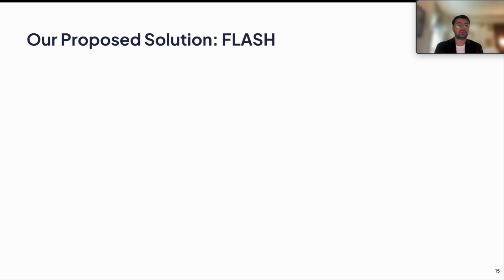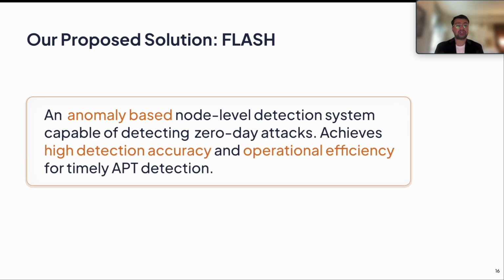Our proposed solution to deal with these challenges is called Flash. Flash is an anomaly-based node-level detection system capable of detecting zero-day attacks. Flash achieves high detection accuracy and operational efficiency for timely and accurate APT detection.